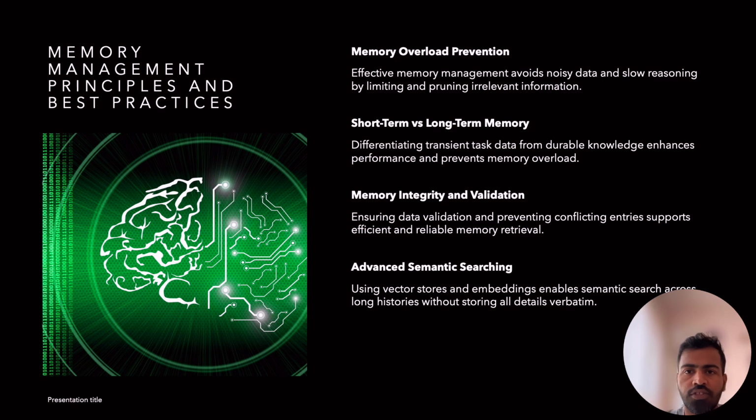Another key consideration involves differentiating between short term and long term memory. Short term memory may include transient task information needed only for the current workflow, while long term memory stores durable knowledge such as user preferences or high level task summaries. So, carefully designing these layers helps prevent overload and improve agent performance.